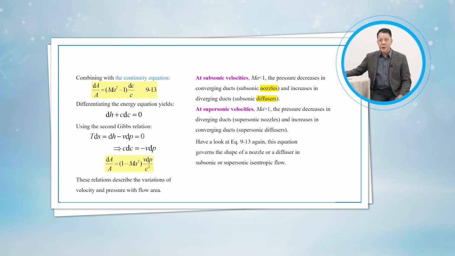Let's look at equation 913, which has been derived. This equation governs the shape of a nozzle or a diffuser in subsonic or supersonic isentropic flow. Noting that A and C are positive quantities, we conclude the following.